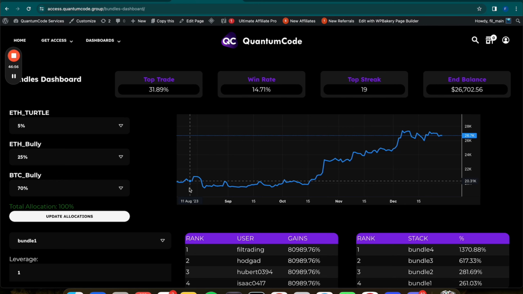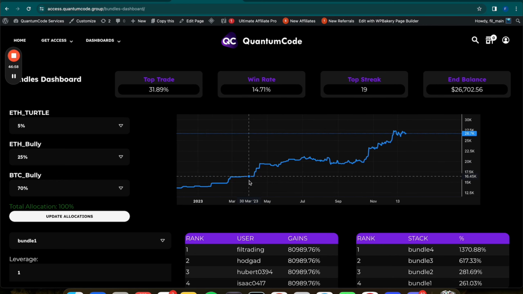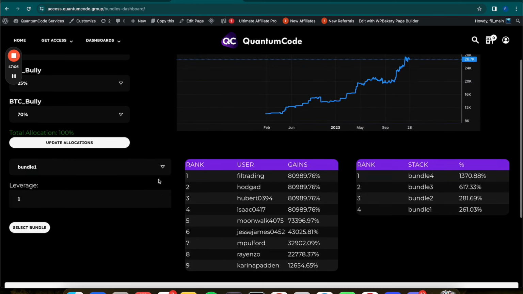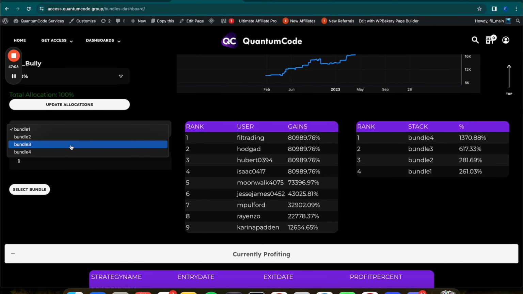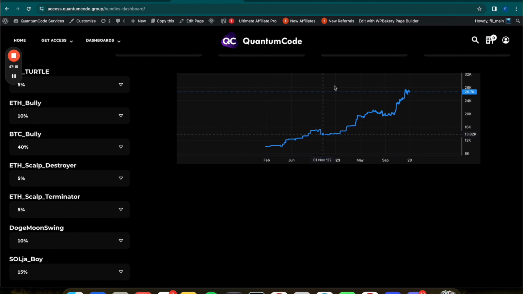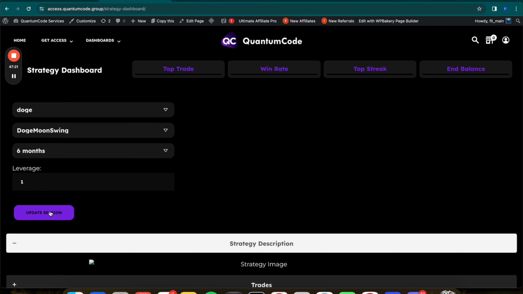So at around April this year, 2023, was when we didn't touch it at all. And any performance that you see afterwards is just performance that has been done in full automation. Before that as well, but there might have been slight optimizations. But since April 23, there has been nothing touched in the actual performance of these strategies.